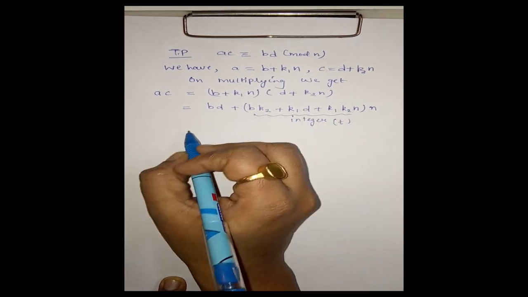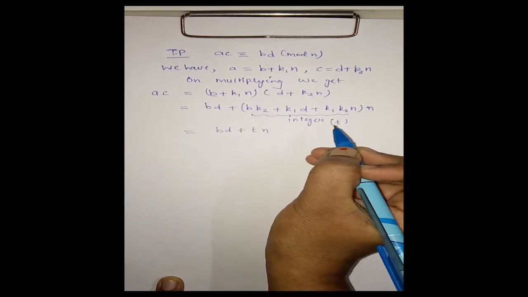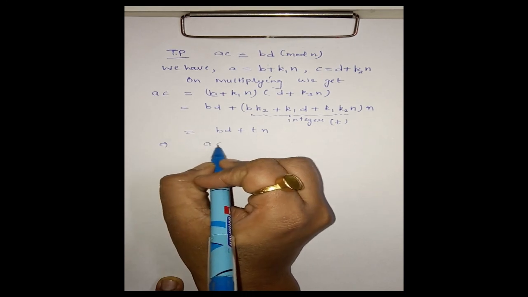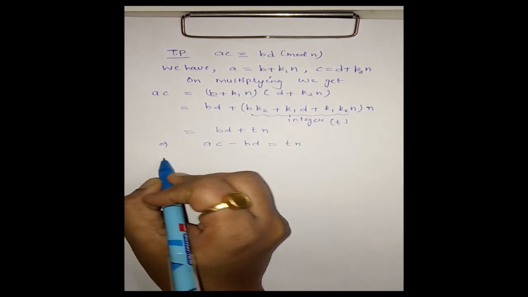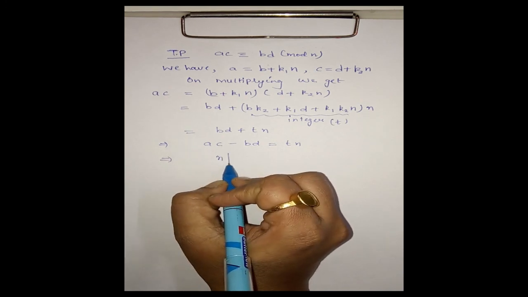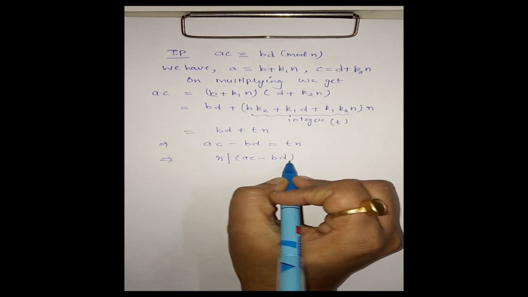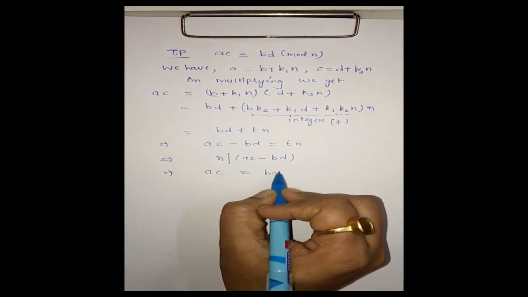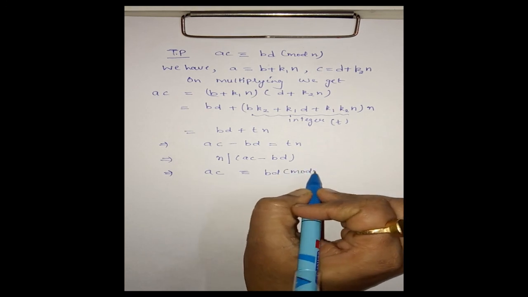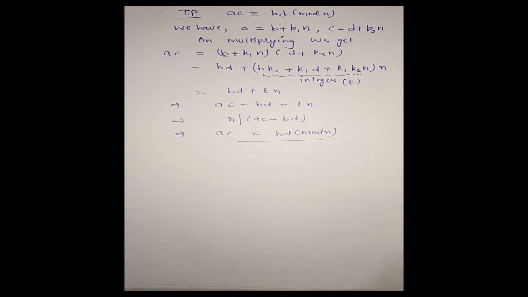Sum of integers is an integer. Therefore, this can be written as BD plus t into n. That means AC minus BD is equal to t into n. This will imply n divides AC minus BD, and this will give us AC is congruent to BD modulo n. Clear? Now we will prove the E part.